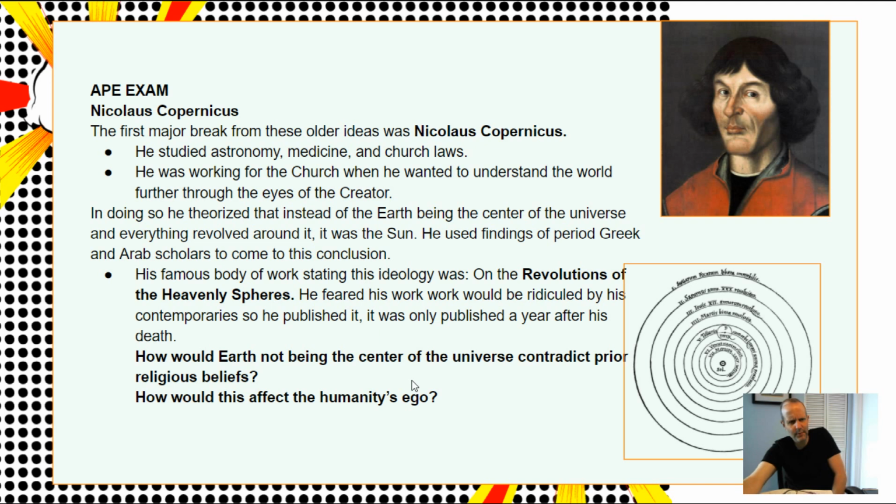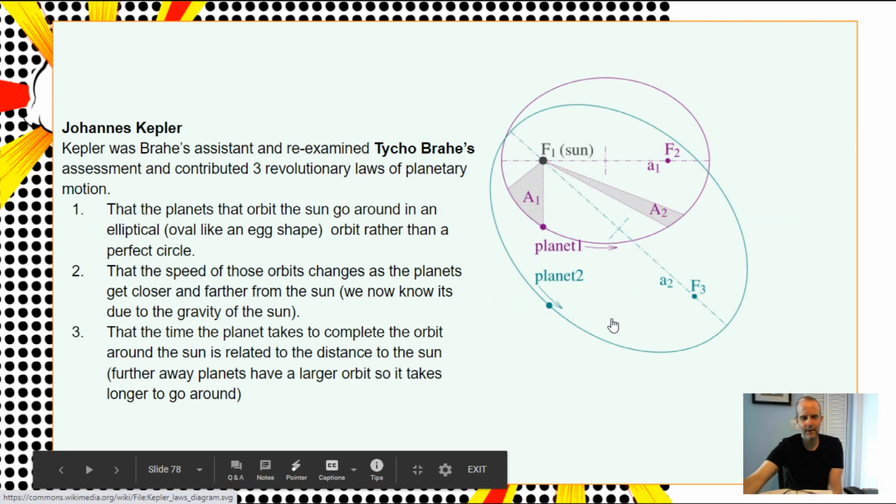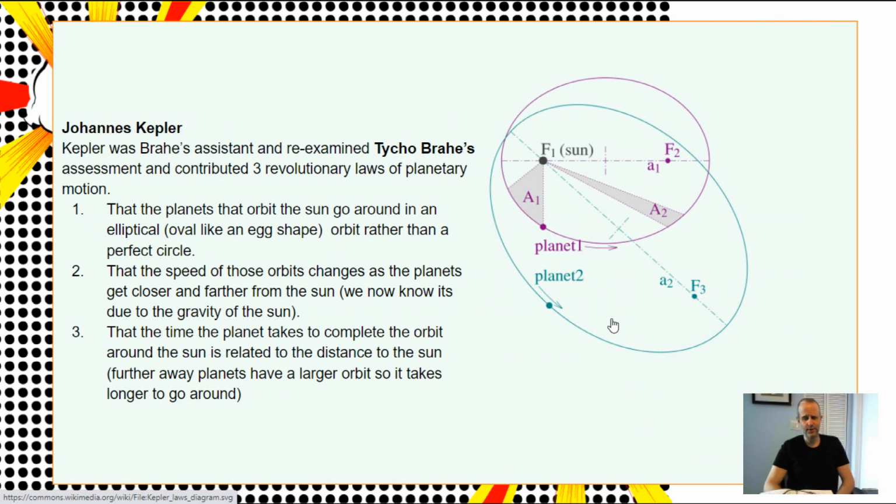First will be Copernicus, with the idea of revolutionary heavenly spheres. Copernicus broke down the model that the world is the center of the universe. That's important because before this, humanity, based solely on Catholic teaching, held that the church was the center of the universe, through the idea that man was the center of the universe. It's an egotistical way of seeing humanity on earth.